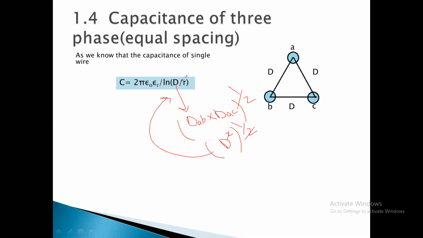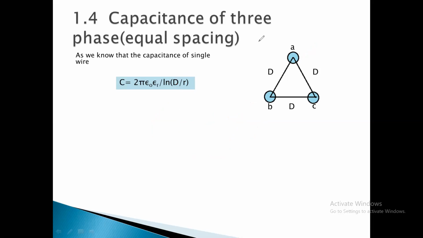So no matter if there is a single conductor or it is connected in 3 phase, if the distance is the same, in case of equal spacing, in case of symmetrical distance, we just put the value of 1D, and it is enough for us, because I have proved that even if we put the value of GMD, it will get cancelled out with the square, because the distance is the same.